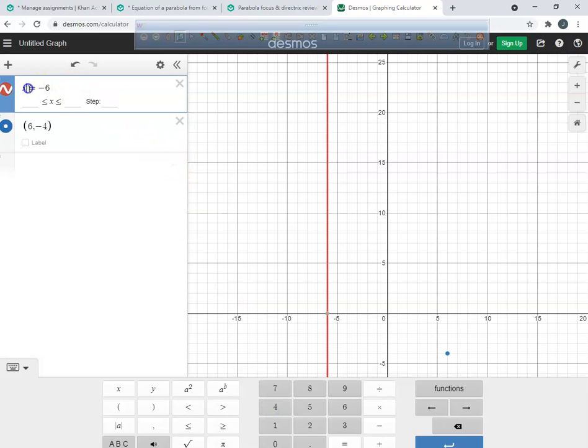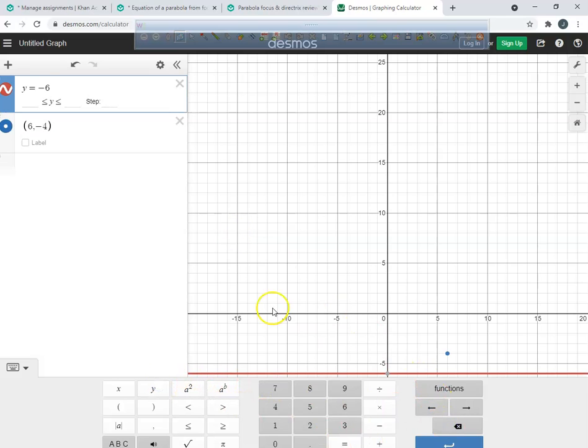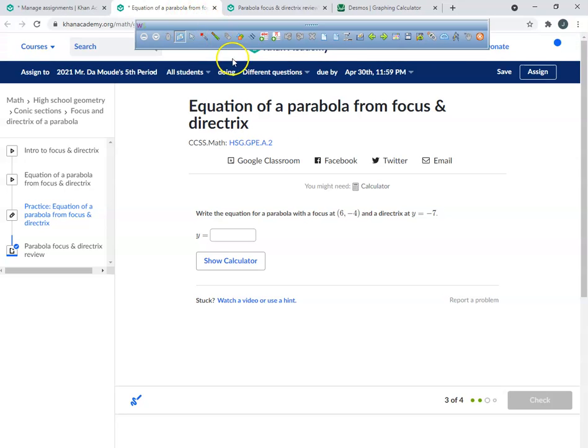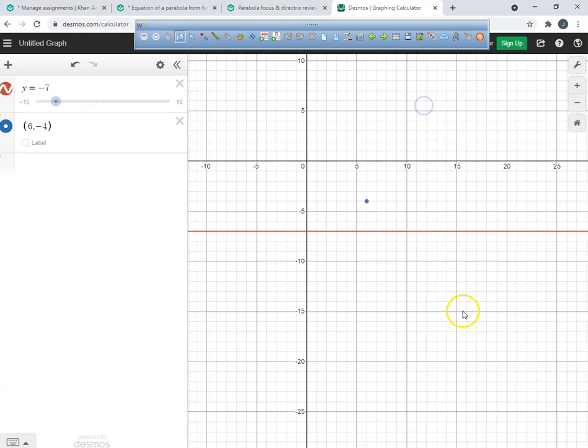Okay, and then it's not x equals, it's y equals 7. So I put y equals, I think it's 7. So I'll make sure. Oh, negative 7. My apologies. Negative 7.